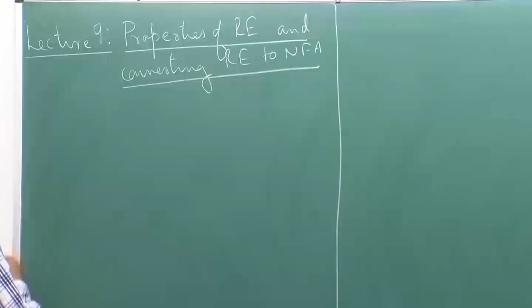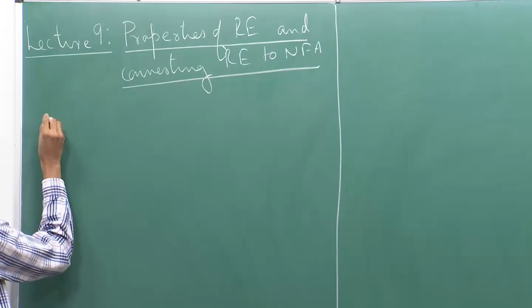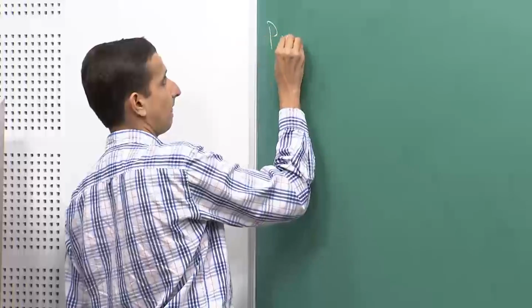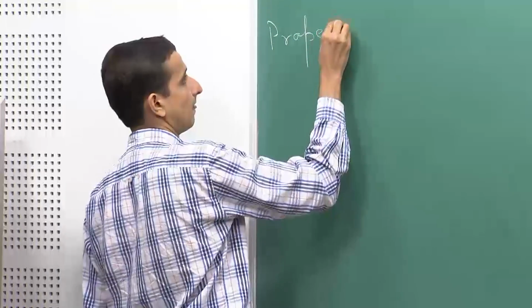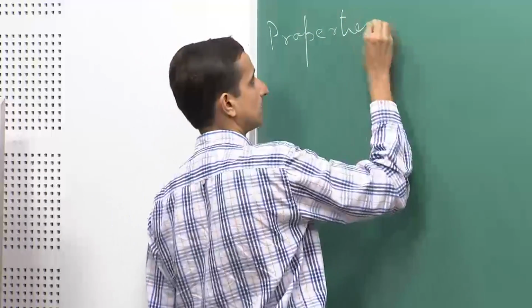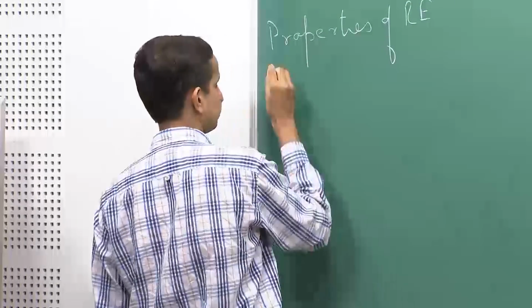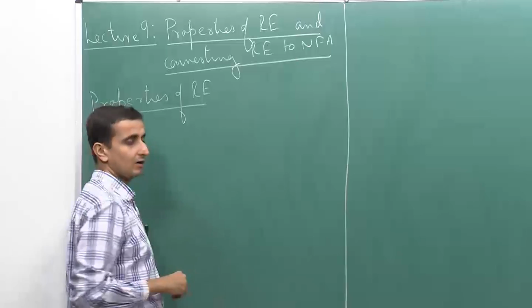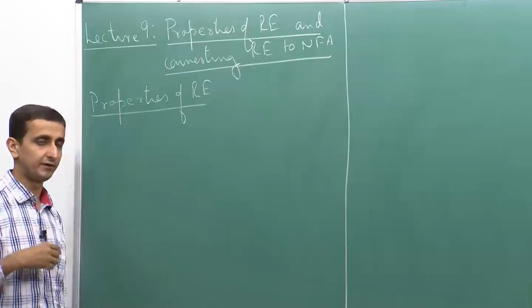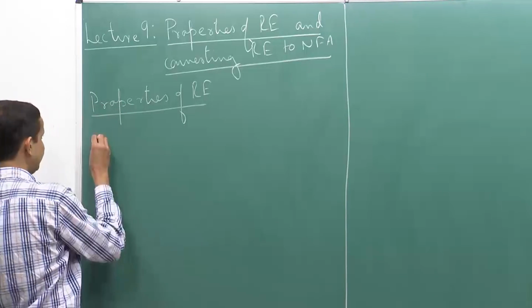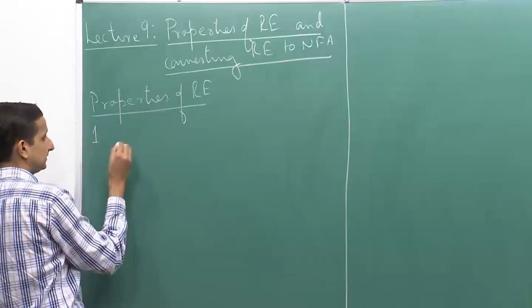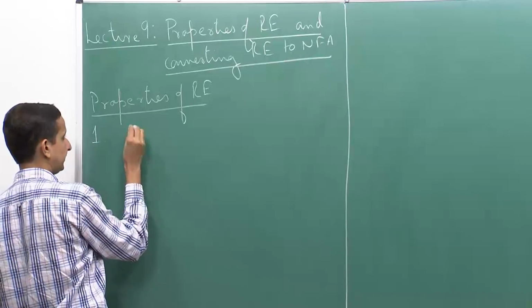Okay. So, let us start by looking at some properties. Let R1, R2 and R3 be 3 regular expressions. Then what we have is firstly the associativity law.